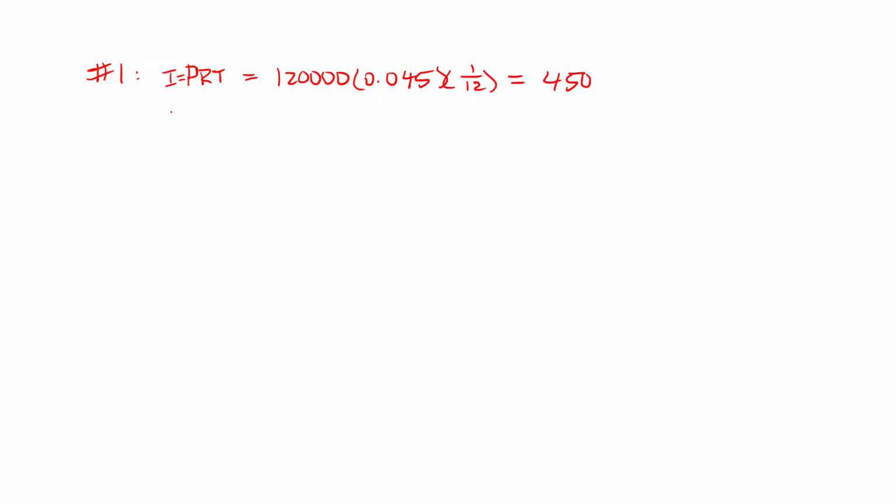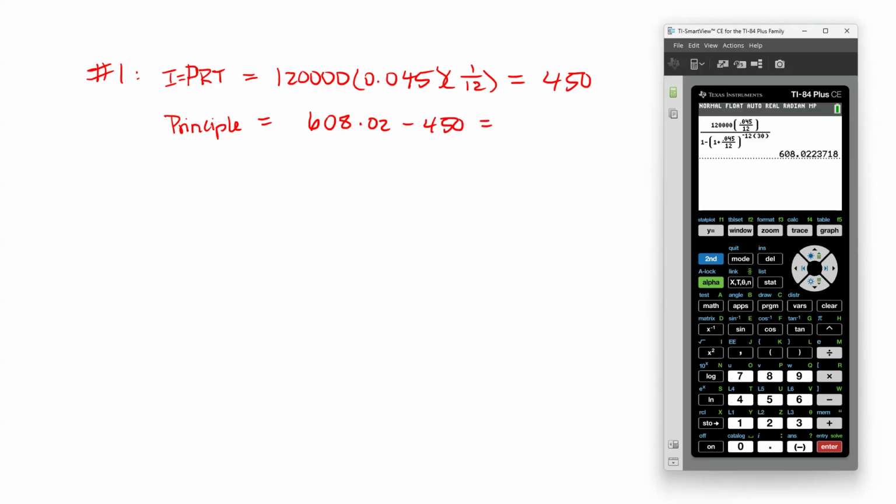Then we'll find our principal. So that'll be the $608 and 2 cents minus 450. Okay, let's clear this.